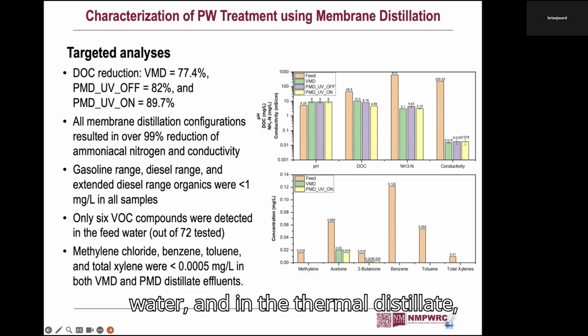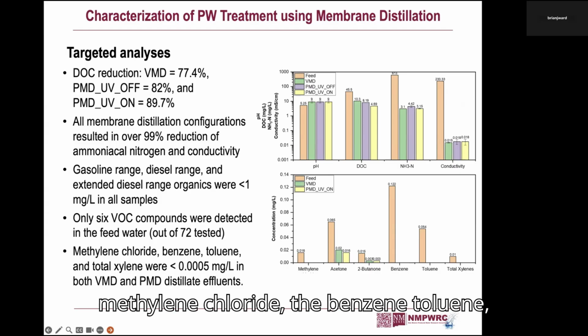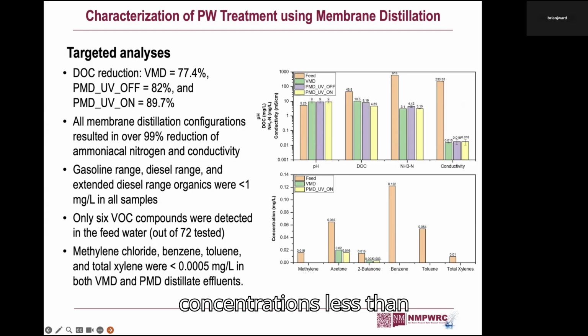In the thermal distillate, all the compounds, including methylene chloride, benzene, toluene, and total xylene, were detected with concentrations less than 0.5 microgram per liter.